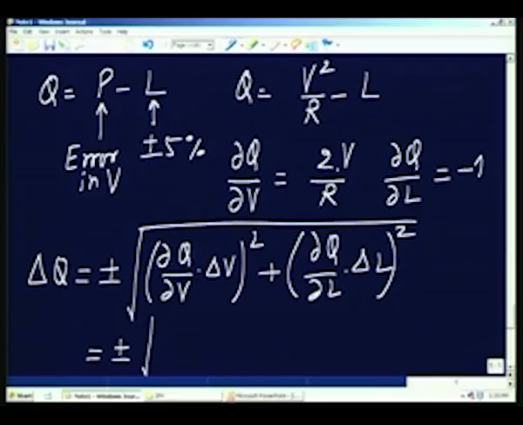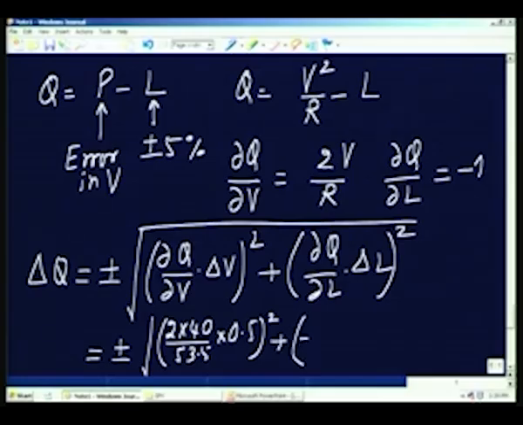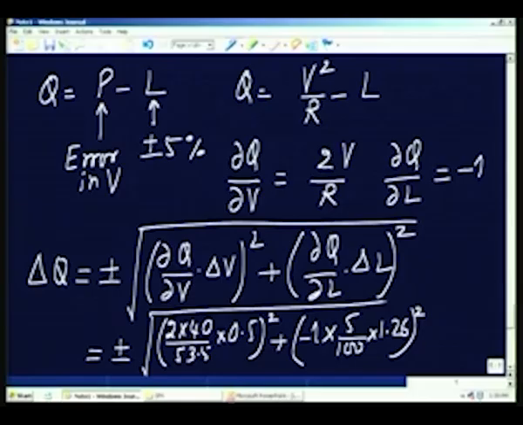Dou Q by dou V is 2V by R, 2 into 40 by 53.5, delta V is 0.5 whole squared, plus dou Q by dou L is minus 1 into delta L is 5%. That means that we have to put it as 5 by 100 into 1.26, which is the value we identified earlier as the loss. This gives you plus or minus 0.75 watts.